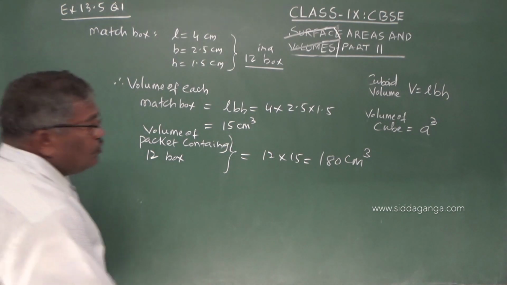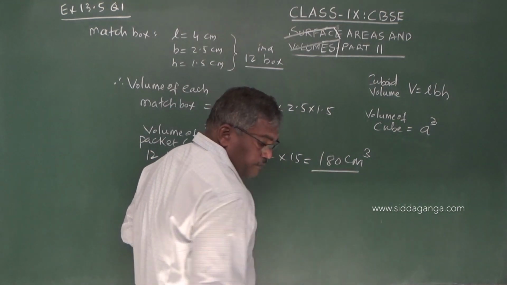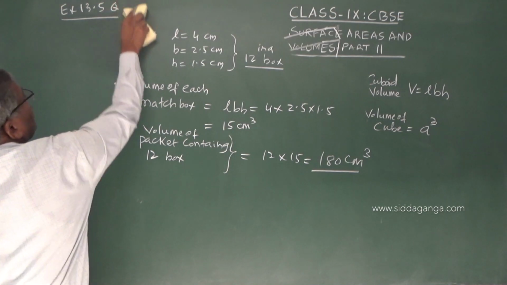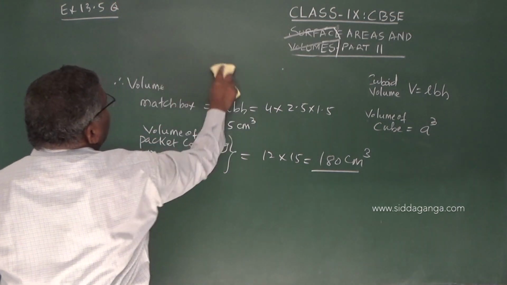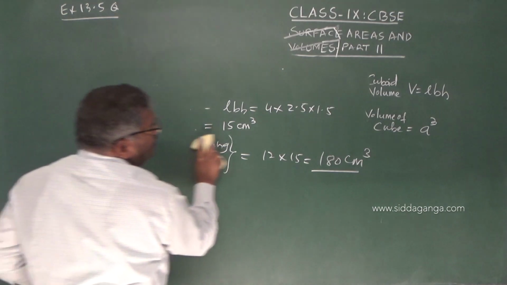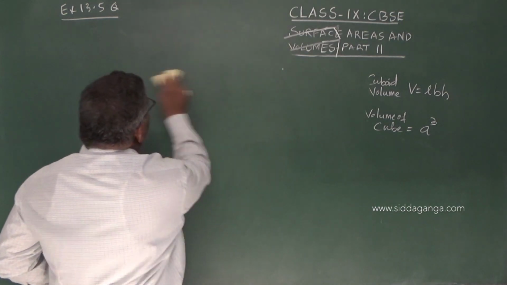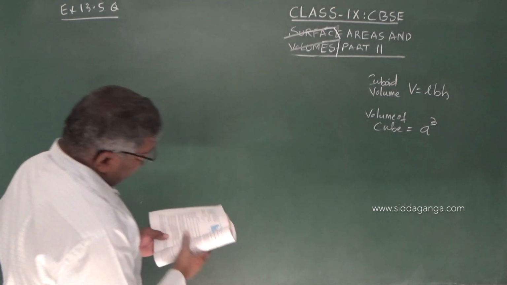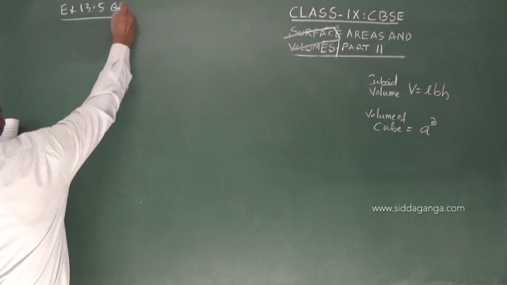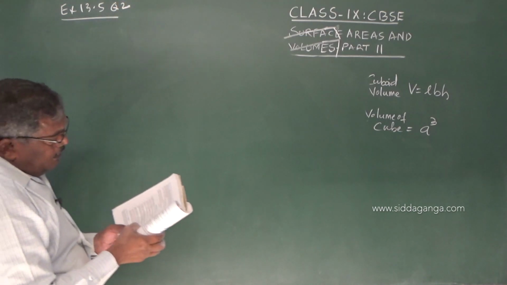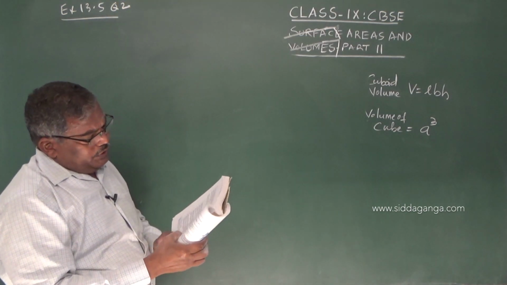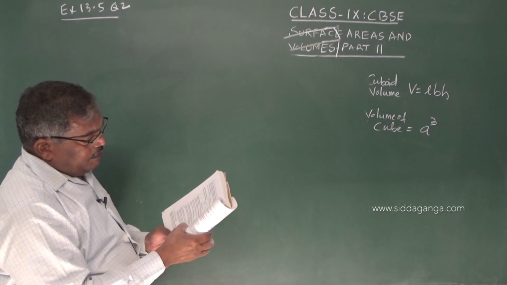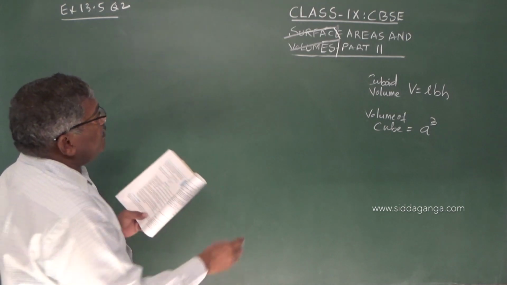This is the answer. So now we move on to second question. Question number 2. A cuboidal water tank is 6 meter long, 5 meter wide and 4.5 meter deep.